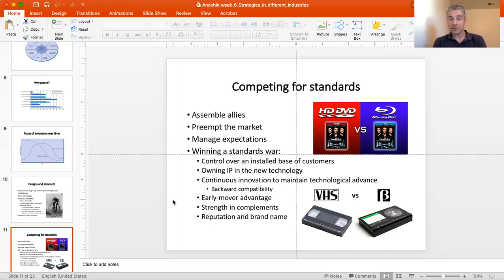So most recently, there was the standards war in the high-definition DVD space. There were two standards, HD DVD and Blu-ray by Sony. And both standards tried to sign up as many partners as possible among other technology companies and among studios that were manufacturing content to use their own standards.